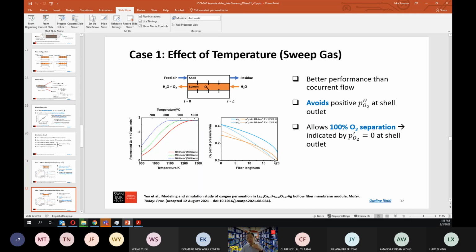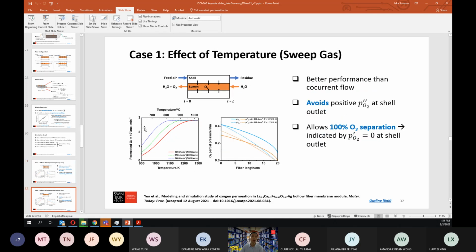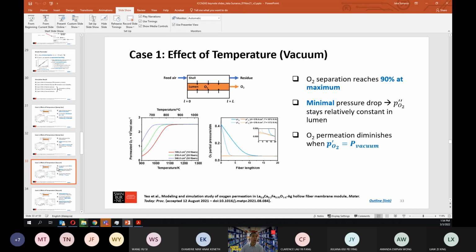So it means you achieve a much more complete oxygen transport process. As a result, your oxygen permeation will be much higher for this case with respect to this particular case. In here you only achieve 1.5, but in here you can achieve up to about 2.8 mole per minute. And that's the same with the vacuum as well.